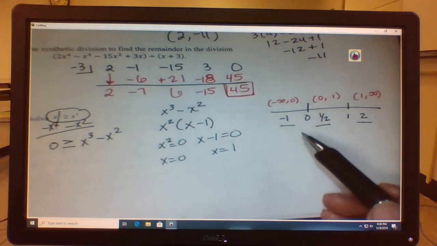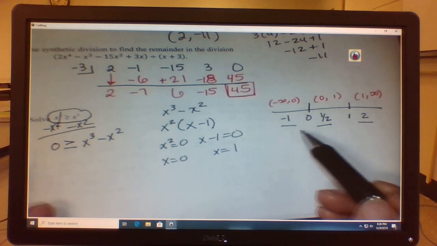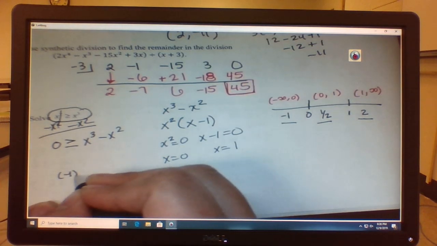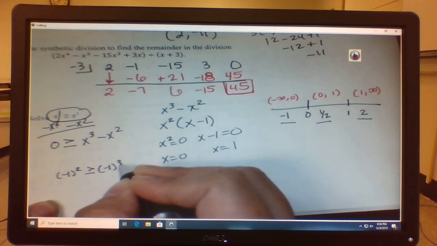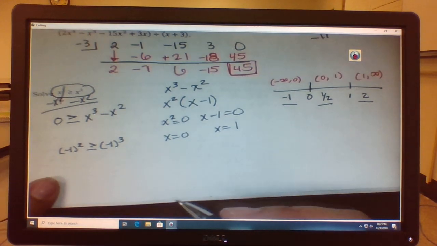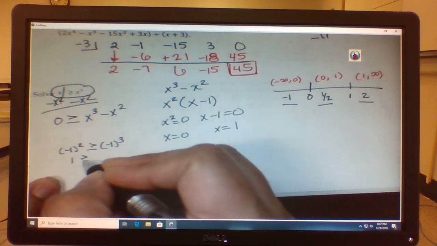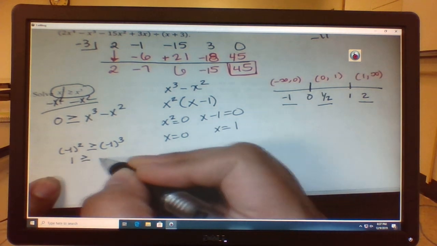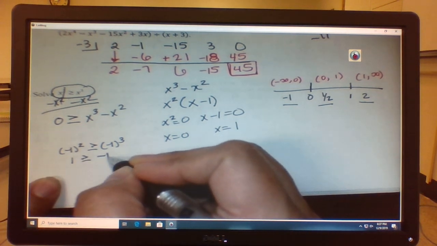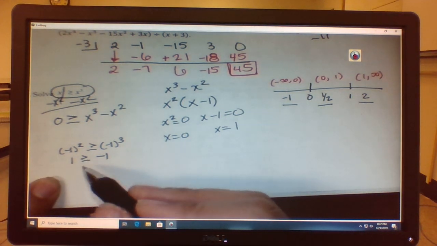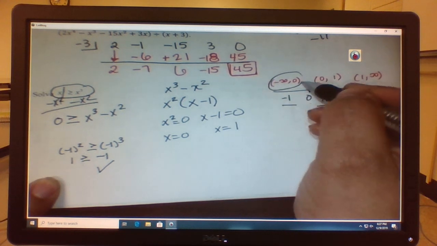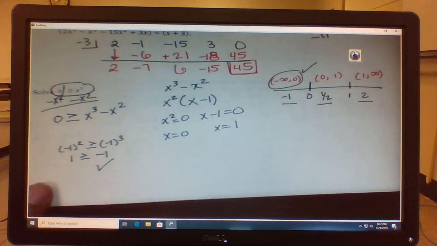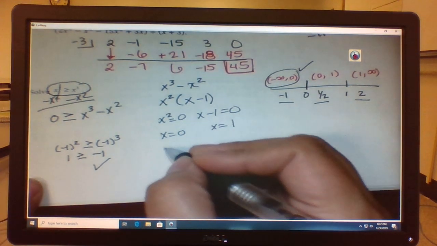Now, if I'm testing negative 1, I have negative 1 squared should be greater than or equal to negative 1 cubed. What's negative 1 squared? 1. What's negative 1 cubed? Negative 1. Is 1 greater than or equal to negative 1? Yes. So this works. Now I'm going to try the half.